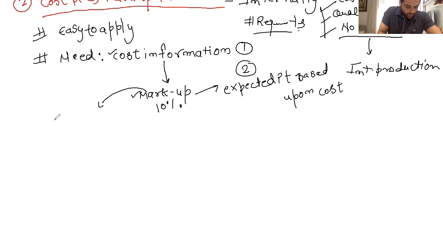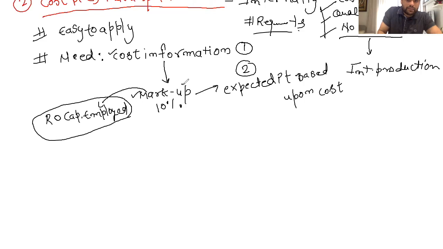I hope you remember the ratio, return on capital employed. Return on capital employed is also a way to estimate the markup. It is net profit after tax divided by equity plus debts. This is the formula of return on capital employed, more about financial accounting.